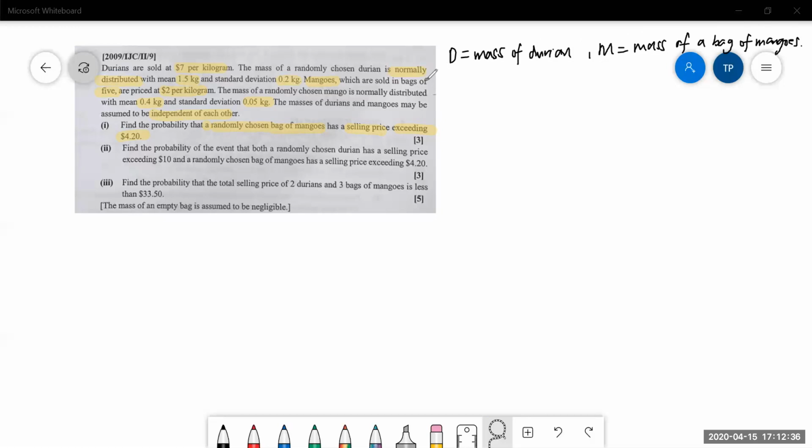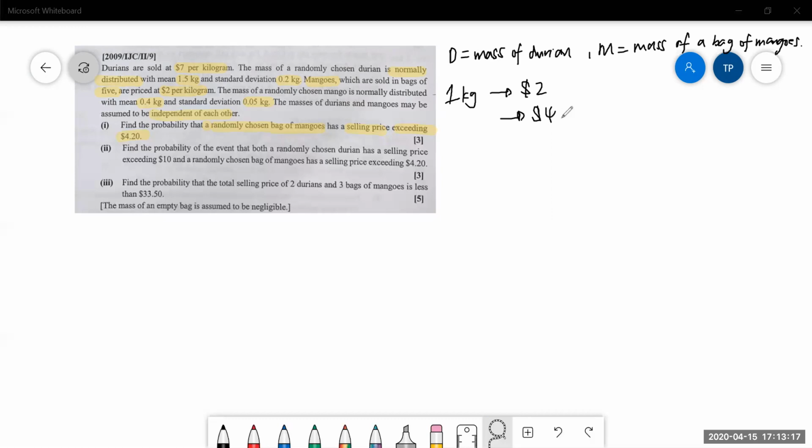Okay, so now we want to find the probability that the mangoes have a selling price exceeding $4.20. One bag of mango is priced at $2. Sorry, 1 kg, not one bag, 1 kg of mangoes costs $2.